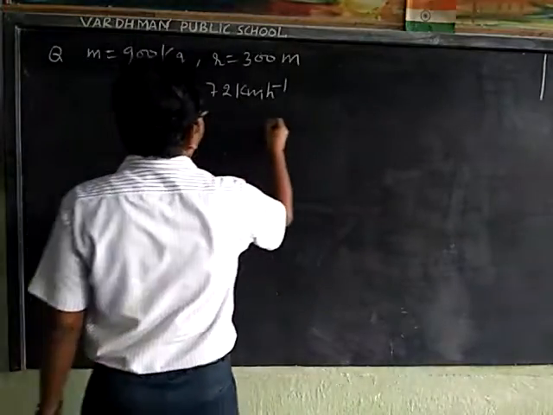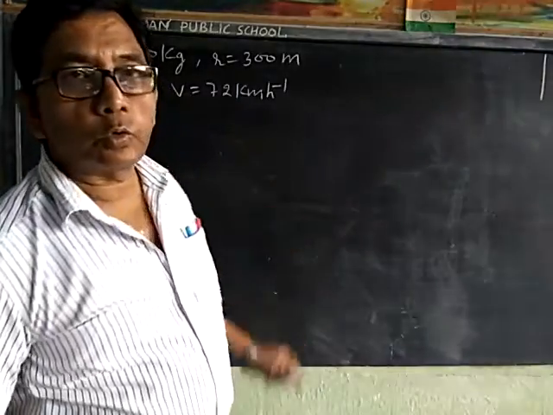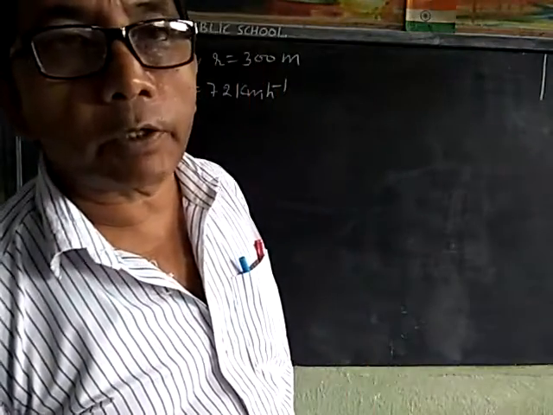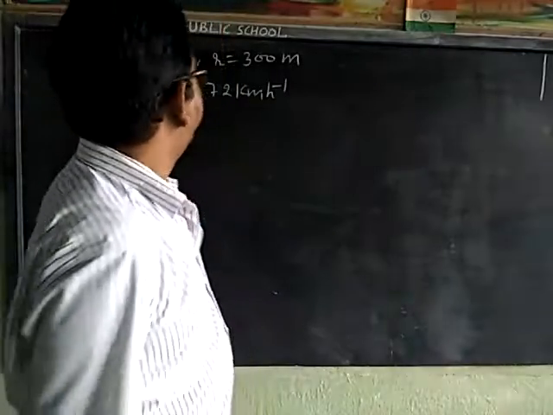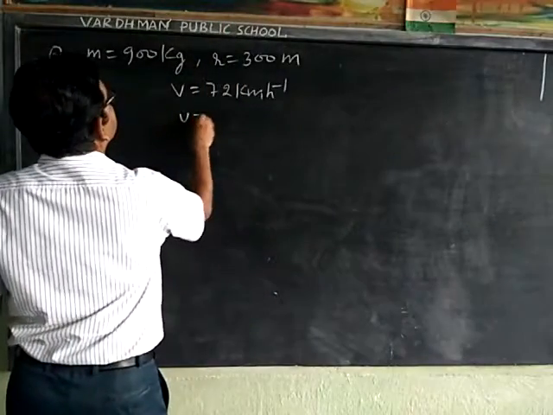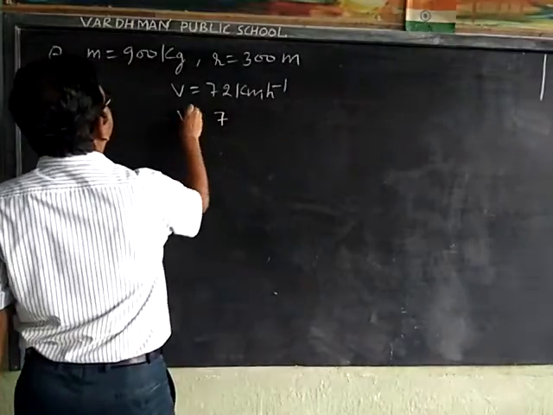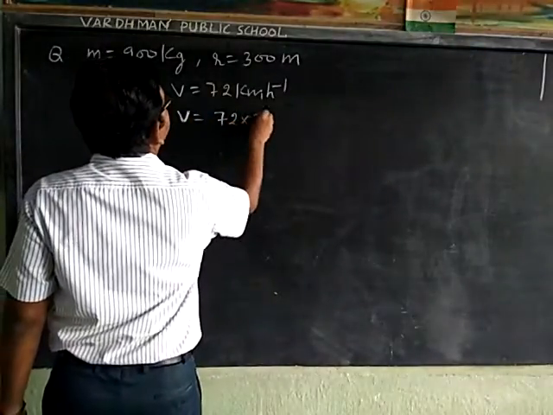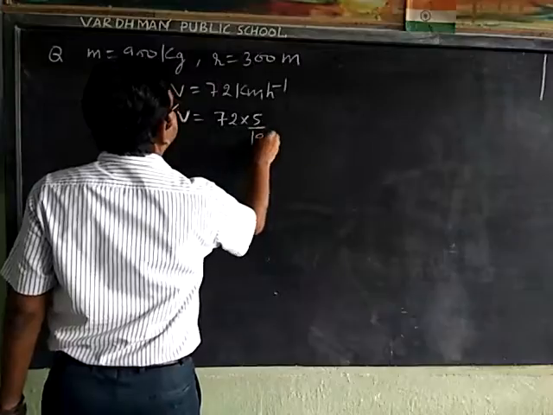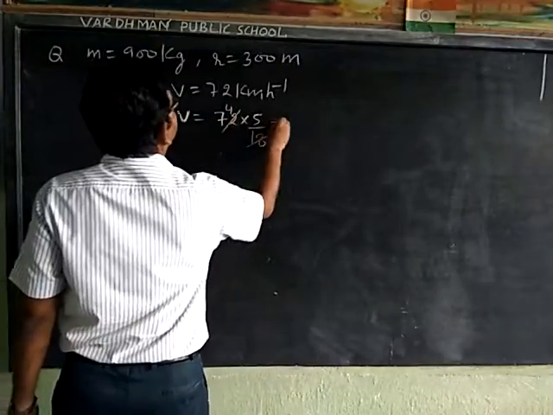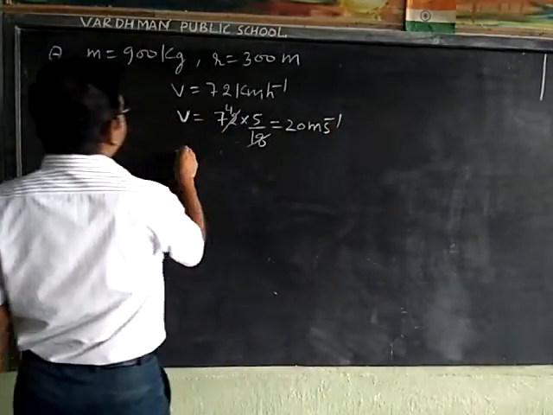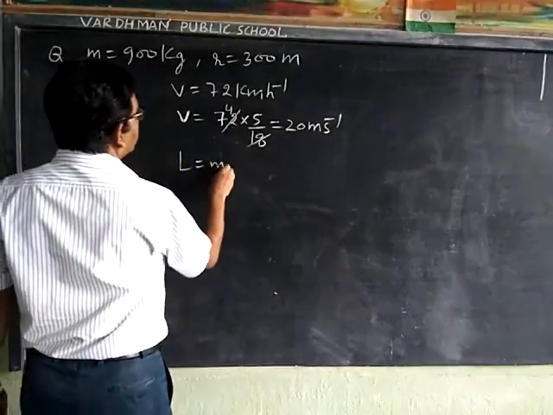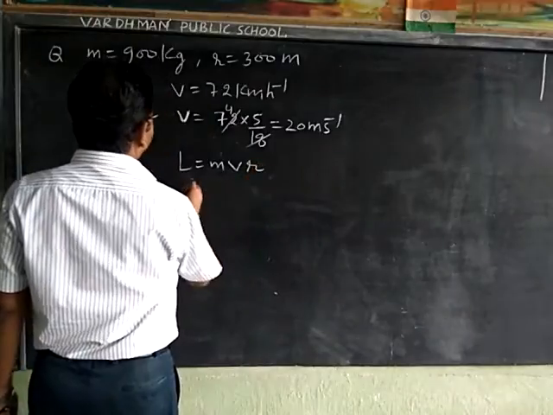Now speed 72 kilometer per hour. To convert kilometer per hour into meter per second, we will multiply by 5 by 18. Then v is equal to 72 into 5 by 18, that is 20 meter per second. Angular momentum L is equal to m v r.